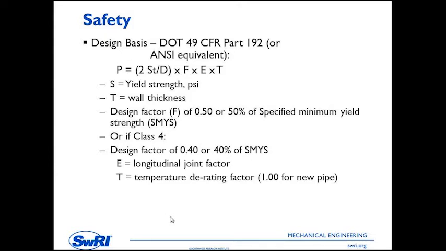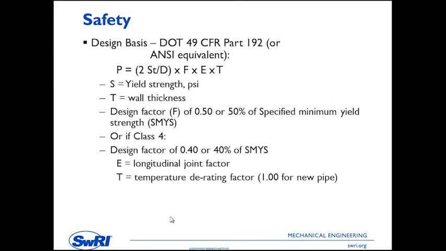First, in terms of the piping, of course, we have our DOT standards that drive piping design. Now, I'll point out that the formula that you see on the page here is DOT 49 CFR Part 192 and would be applicable to transmission piping design.